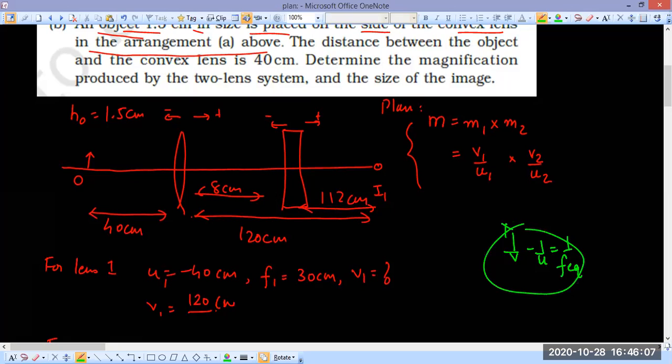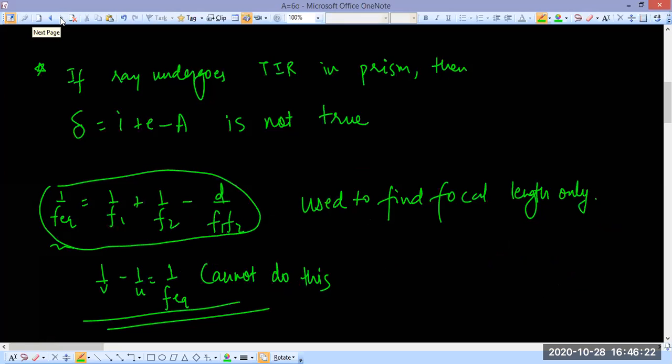This will not give the answer. Okay, so that f equivalent is only there in name. It's not useful like that. Okay, right, let's go to the next question.